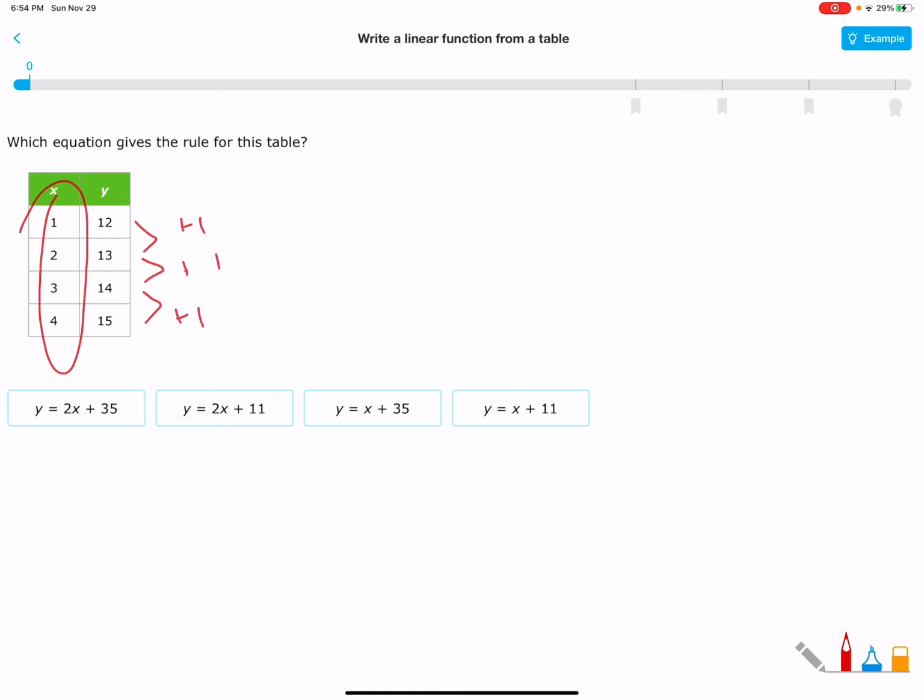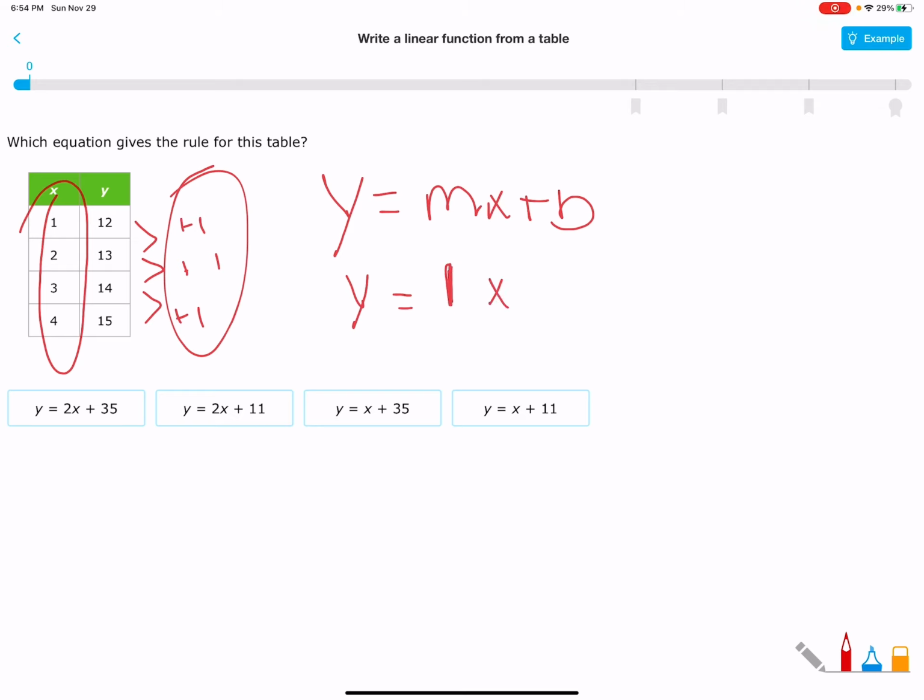So that number is going to go in the front. We're going to put it in slope-intercept form, so we got y equals mx plus b. This number is going to be m, our slope, so we're going to put m as 1, x plus our b.